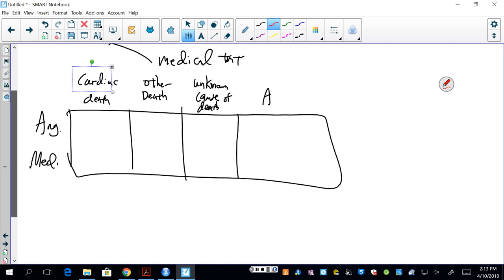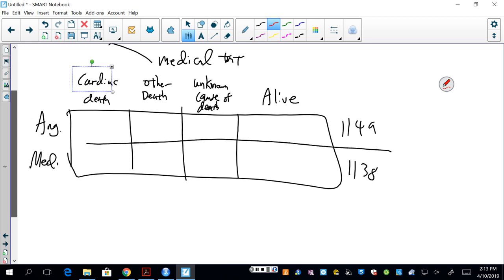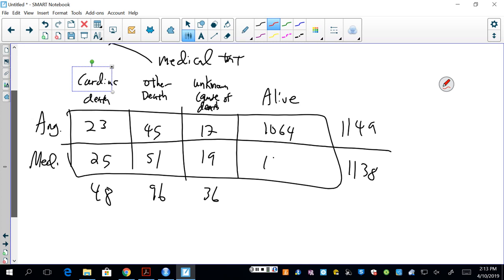And then others, people who were still alive at the end of the study. So 1149, 1138 is total in here, 23, 25 cardiac death, 45, 96 other death, 17, 19, 6, and that leaves most of the patients still alive. 210.